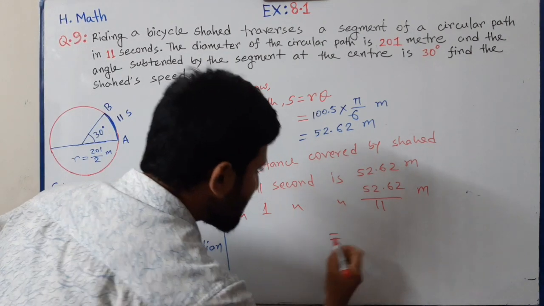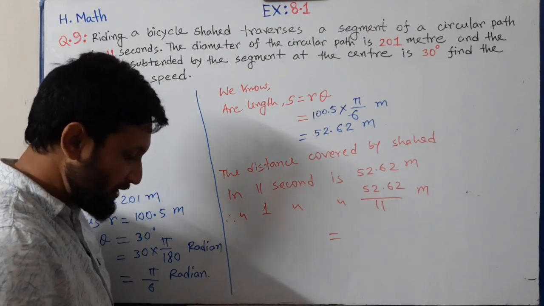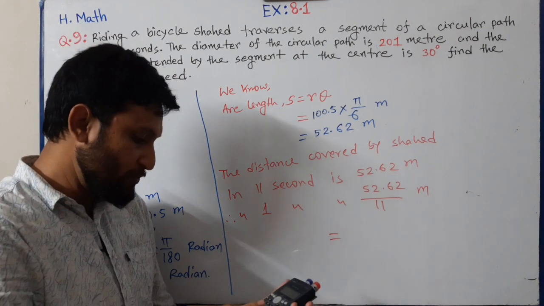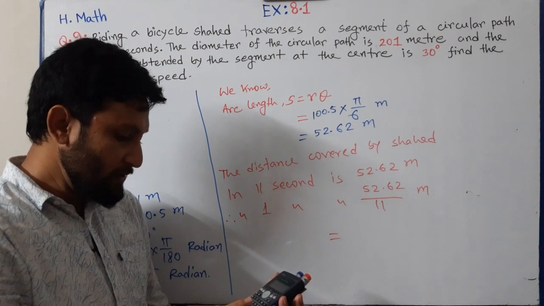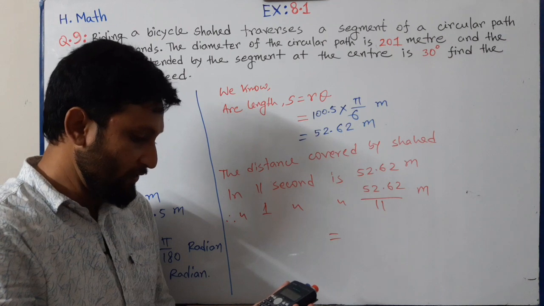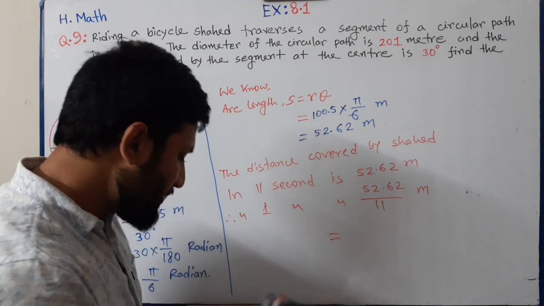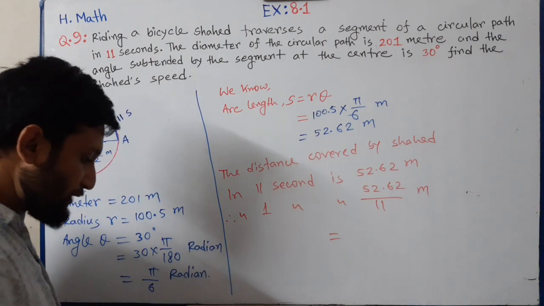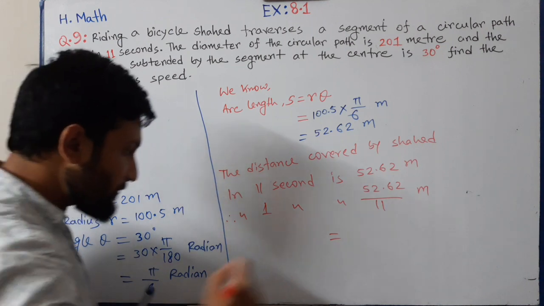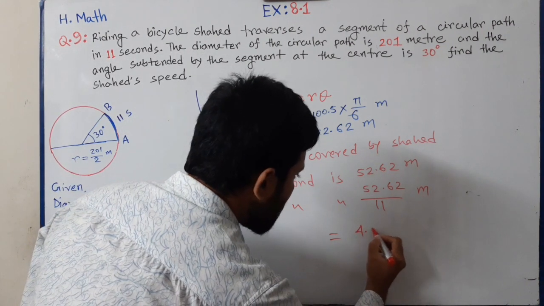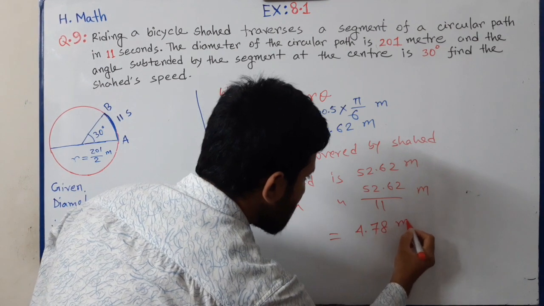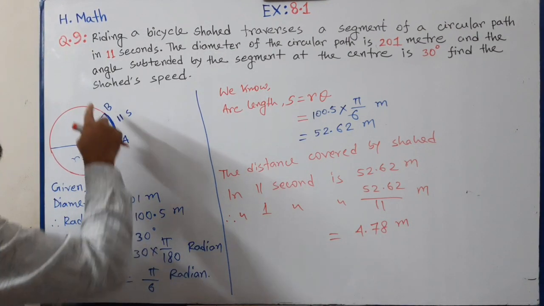By using a calculator, 52.62 divided by 11 is 4.78 meter. That means we have to identify Shahid's speed.